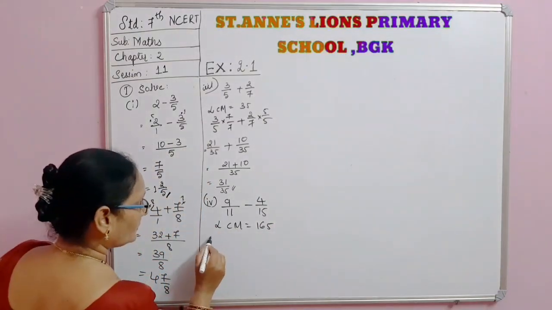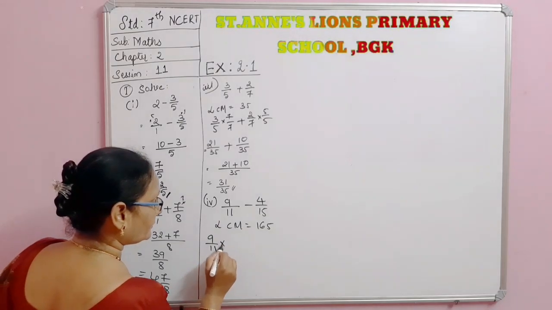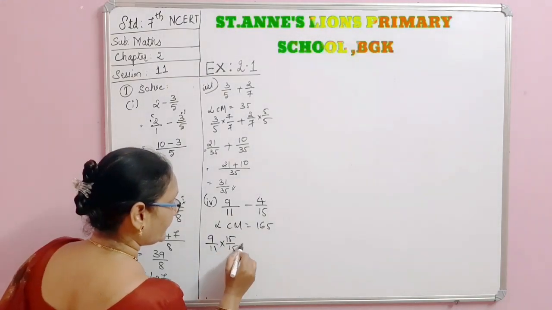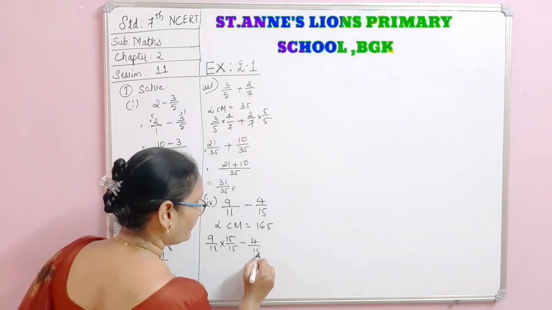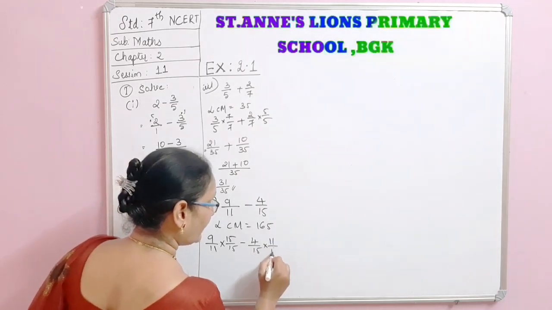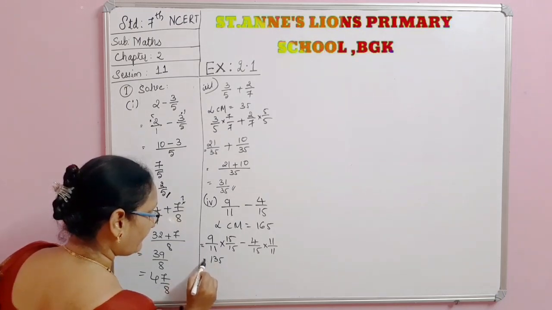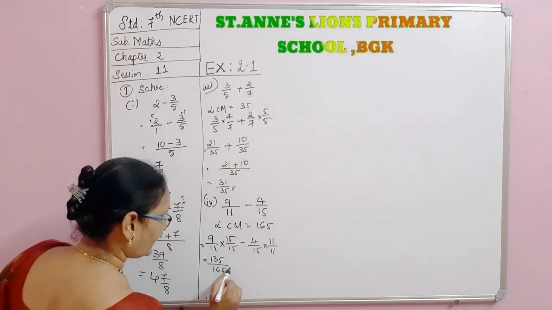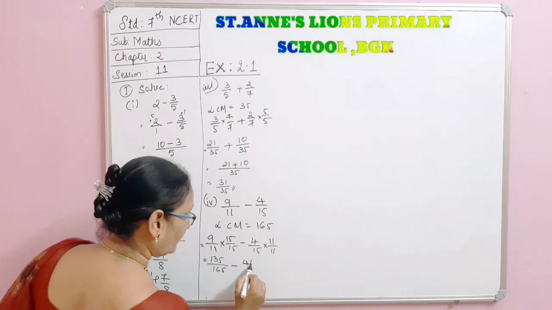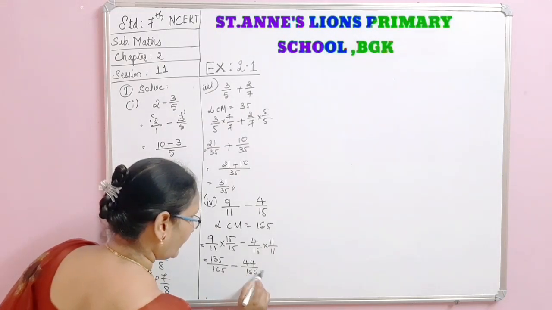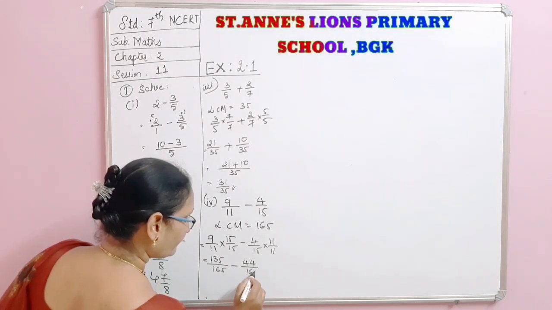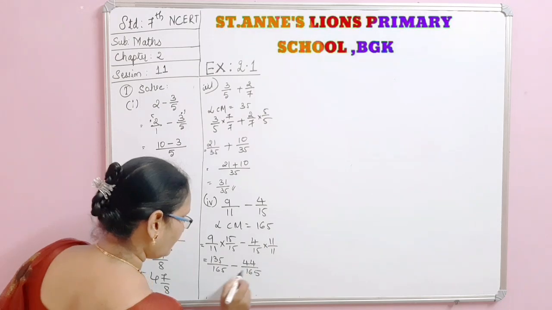165. So 9 by 11 into 15 by 15 minus 4 by 15 into 11 by 11. So 135 by 165 minus 44 by 165.